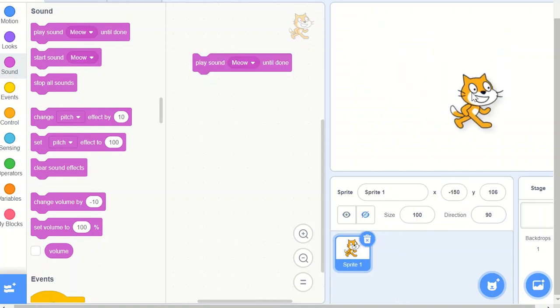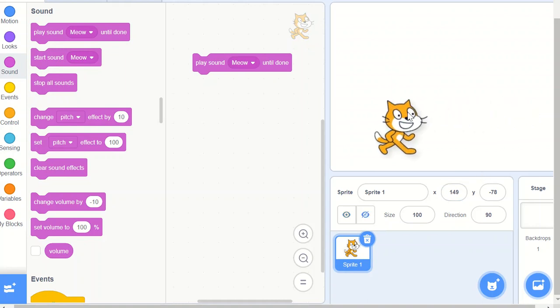For example, here I drag it and drop it. Now the value has changed to 149. Similarly, when I move it here, the values of x and y both change. So what is x and what is y? Basically, x and y tell us about the position of the sprite on the stage.